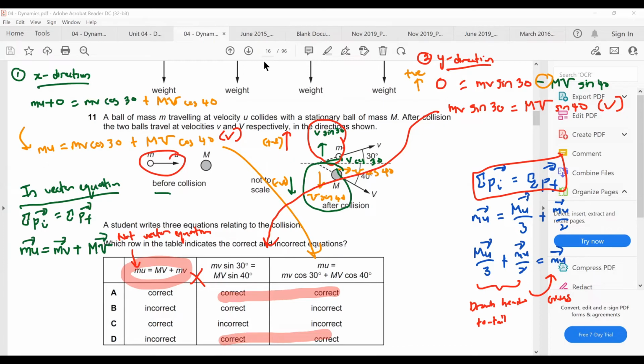Right? If your answer was written in this form, in vector equation form, then this one will be correct. Right? The ones here, you notice they don't have the vector notation on the symbols.